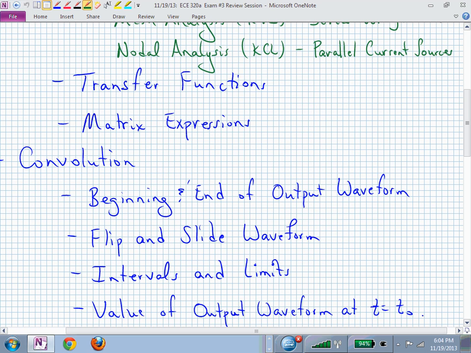It should be clear. And then I won't have to ask you to invert a 10 by 10 matrix, which the people with calculators can push a button and do. Those that don't can't, so I don't want that to be an issue. But I would like you to be able to formulate the problem so that if you had the machinery, you could solve it for those vectors of currents.